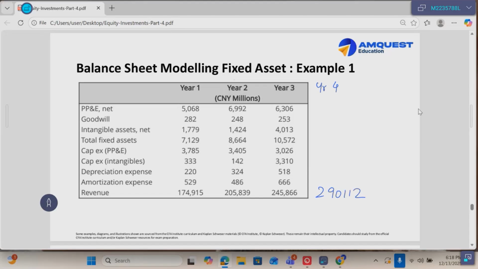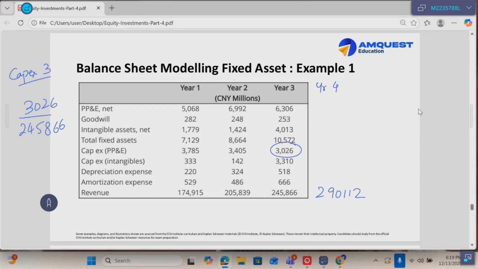And then they have given me certain conditions. I'll read condition number 1. The capex on property, plant and equipment relative to revenue at year 3 level. So the capex for the year 4 is going to be very similar to what they have done in year 3. Okay. So year 3, my revenue was 245,866, and the capex investment that I had made during this particular year was 3026.